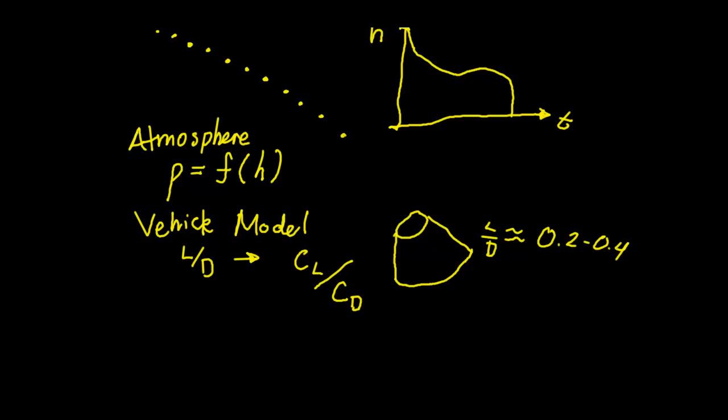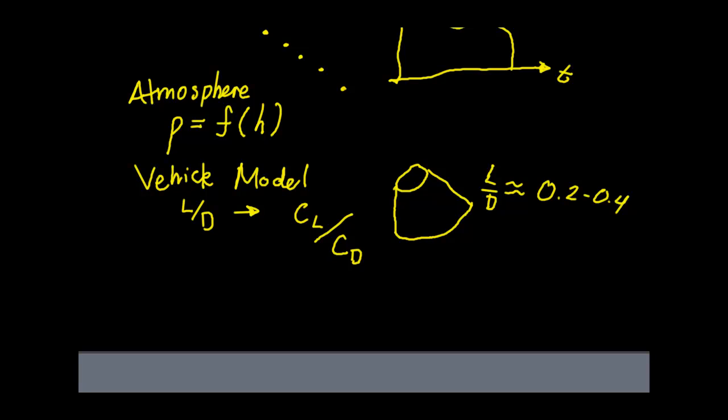But if you have a higher L over D, like the space shuttle, which has an L over D of around 1.1 when it's going really, really fast, we call this the hypersonic L over D for the space shuttle. The space shuttle has these huge wings and this big surface, that's kind of my poor space shuttle drawing.